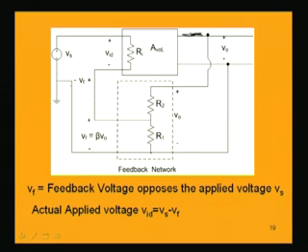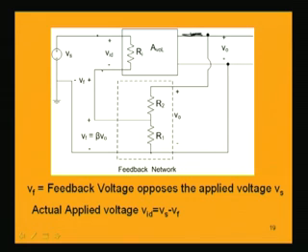If we look at the polarities, Vf opposes Vs. So the voltage at the differential input of the OpAmp, VID, is Vs minus Vf.